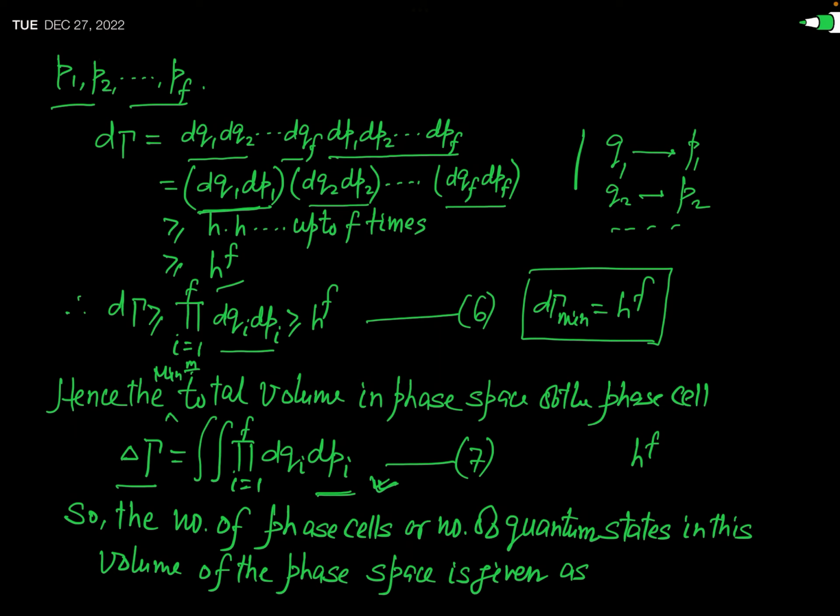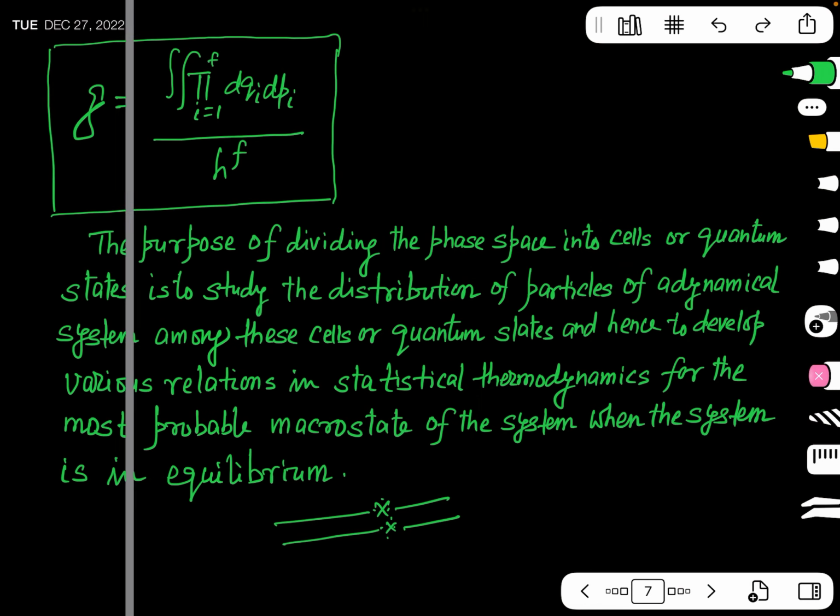This is the total volume of all phase cells, and the volume of one phase cell is h to the power f. Okay, so when you will divide the total volume of all phase cells by the volume of one phase cell, you will get the total number of phase cells or total number of quantum states in the phase space.